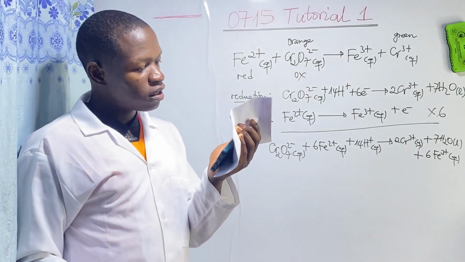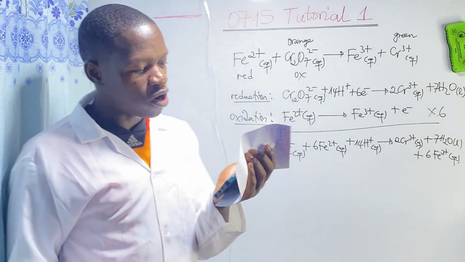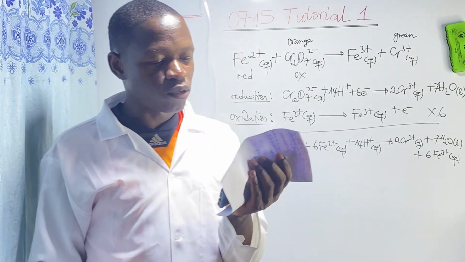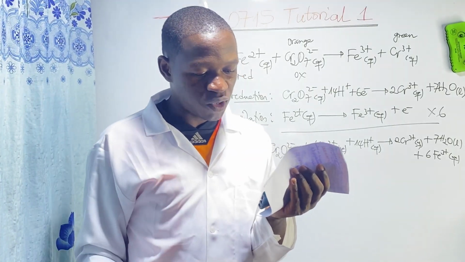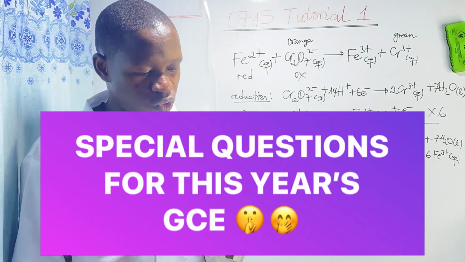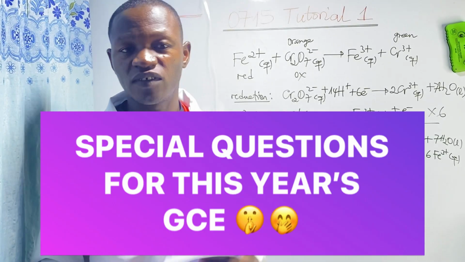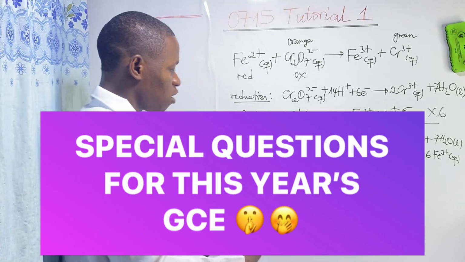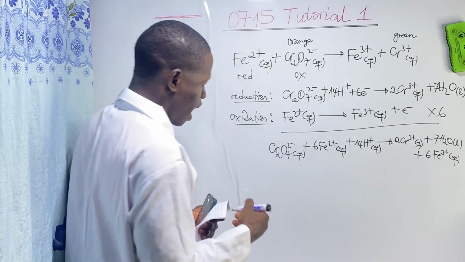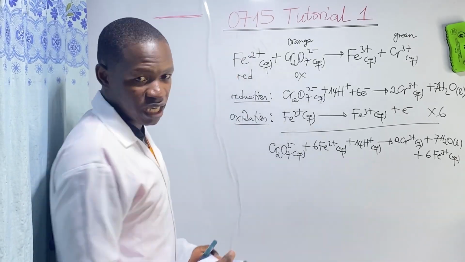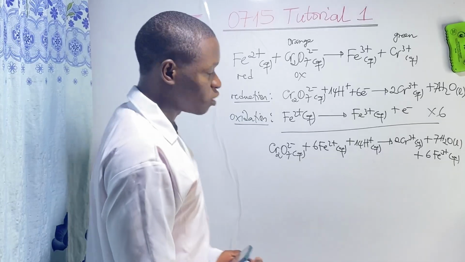Next question. If 25 cm cube of 0.05 molar potassium dichromate were required to react with 50 cm cube of acidified iron 2 solution, find the molarity of the iron 2 solution. We are asked to find the molarity of the iron 2. Iron 2 is the reductant. So we apply mole ratio.